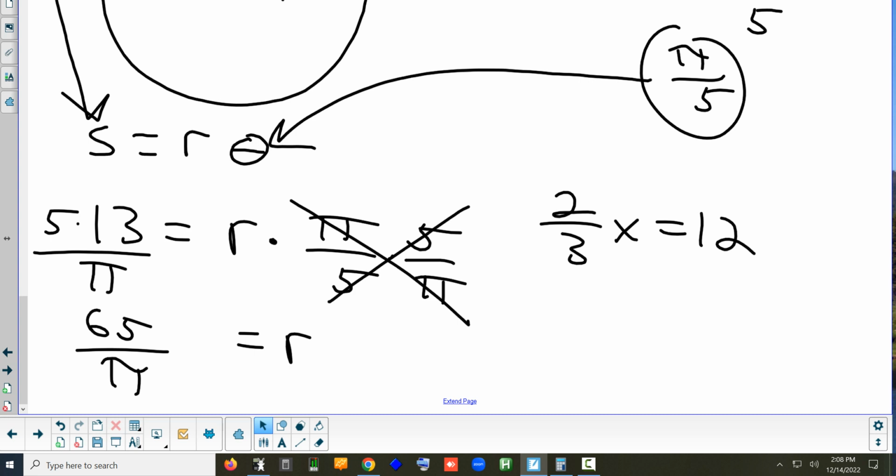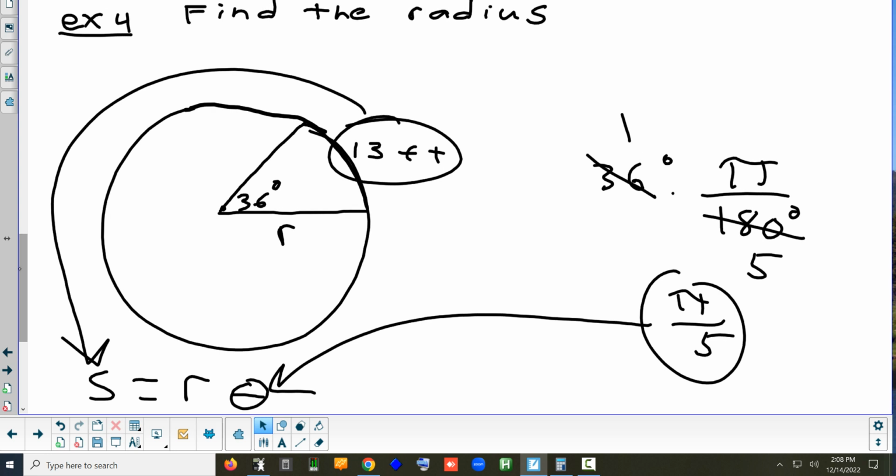And that's the radius. Is the radius an angle, or is the radius a length? Naisha? It's a length. What was my length in this problem? What was the unit? Yeah, it gave me the arc length with a unit. So it's 13, measured in feet.